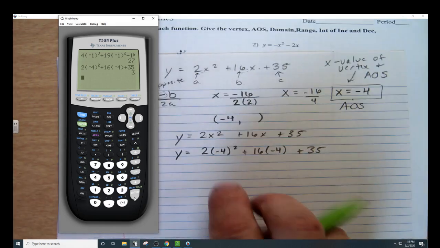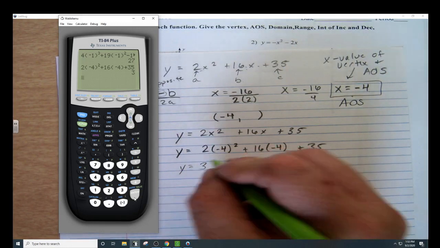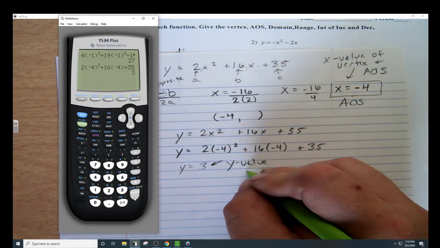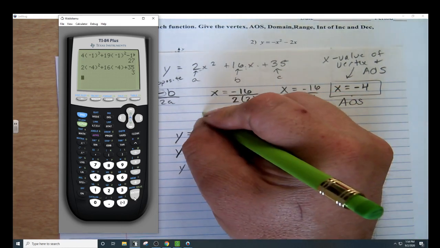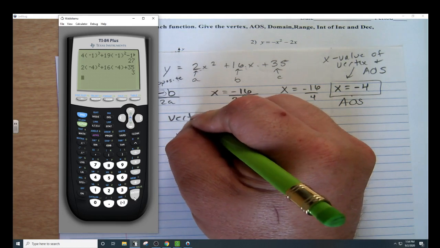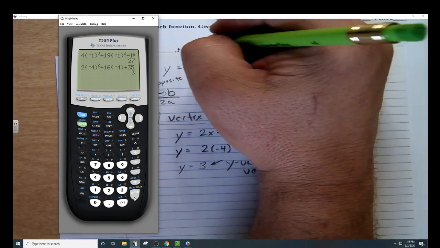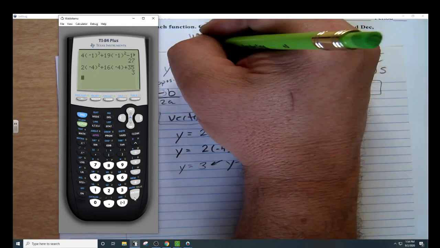When I plug this in and evaluate it in my calculator, I got y equals 3. This is the y value of the vertex. So that number is going to go here. So your vertex is -4, 3.